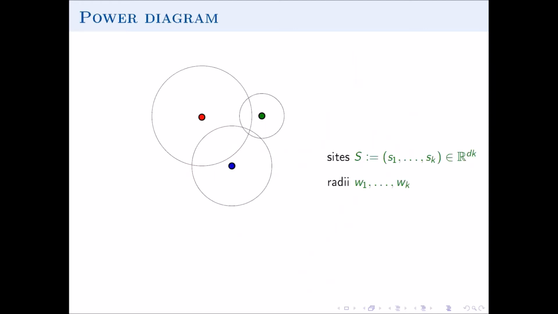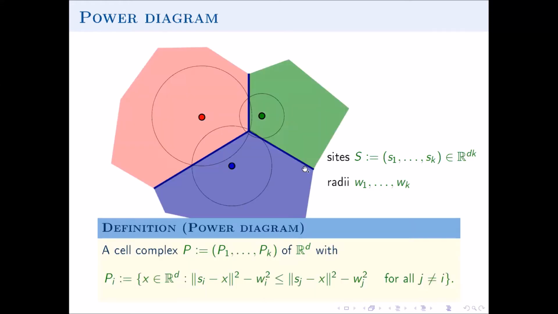So first, let's talk about these cell complexes. Those are power diagrams. A power diagram is formed by specifying a set of sites and a radius for each of these sites, and then drawing the balls of these different radii around them. And then you can define a distance function that separates the underlying space into cells that are closest to the respective sites.